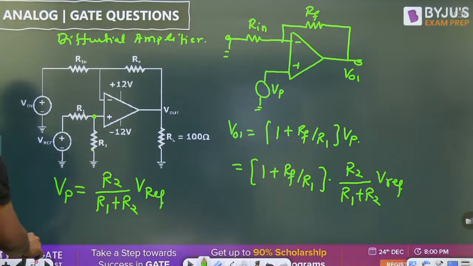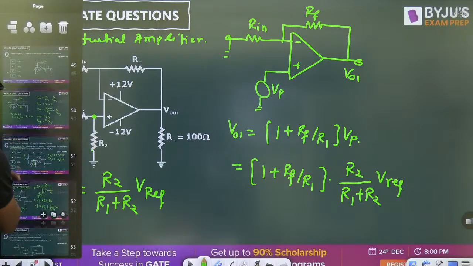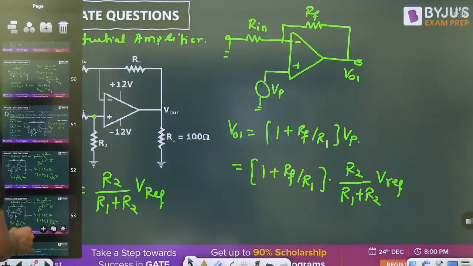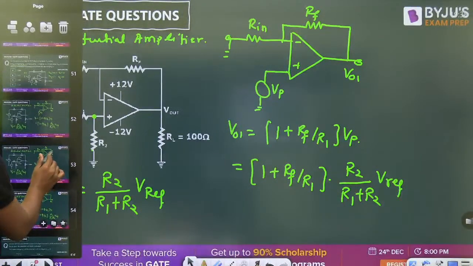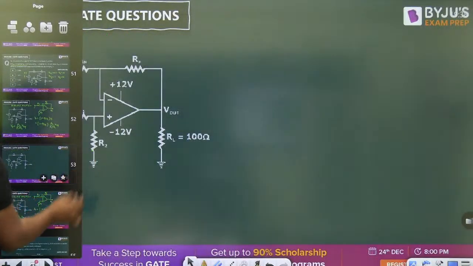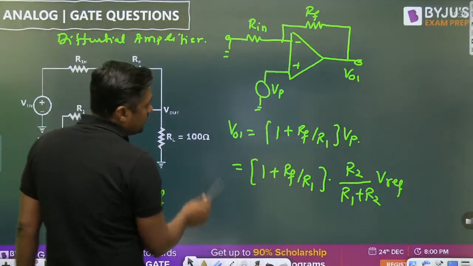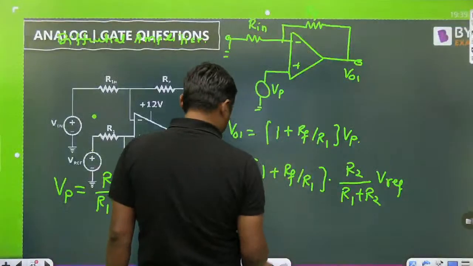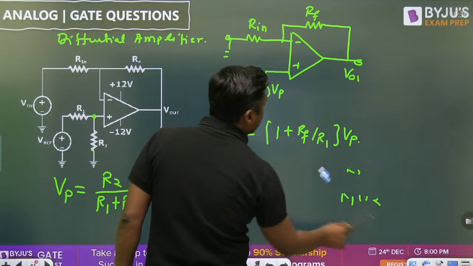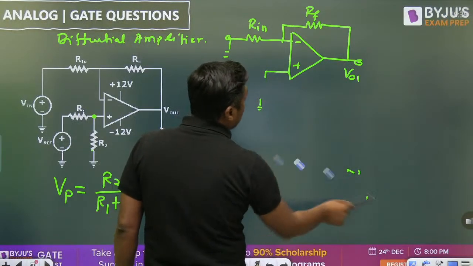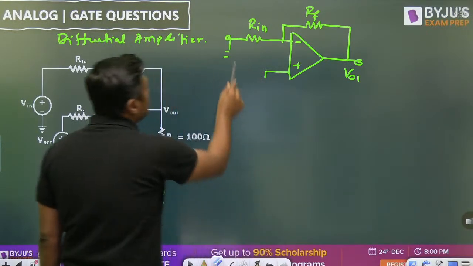Now, what is the voltage because of the negative terminal voltage? Let V reference be 0.